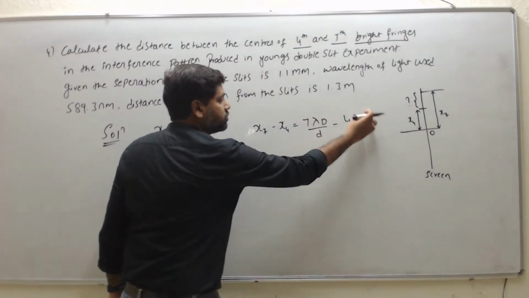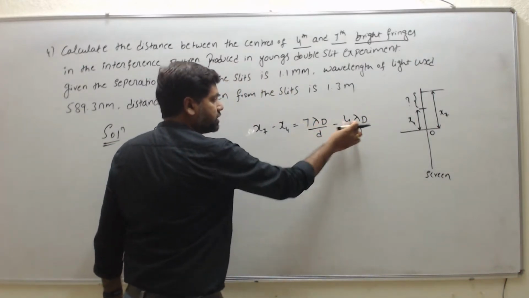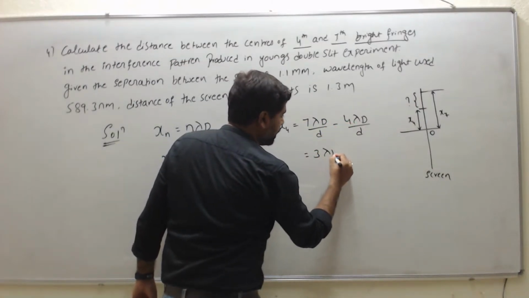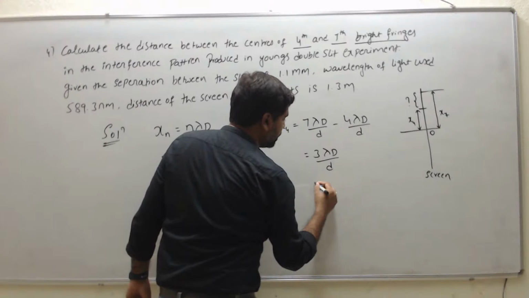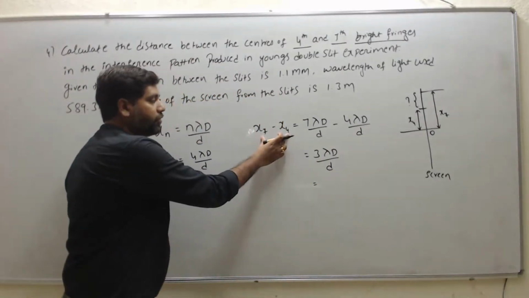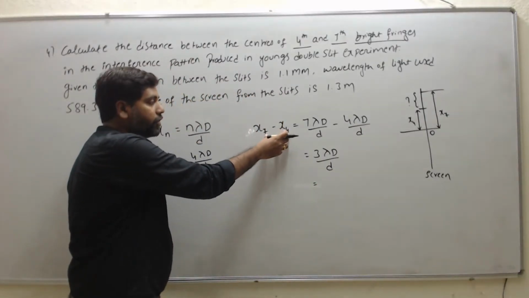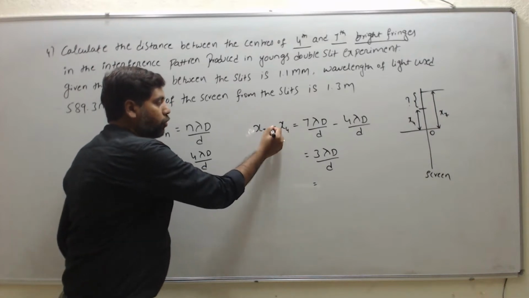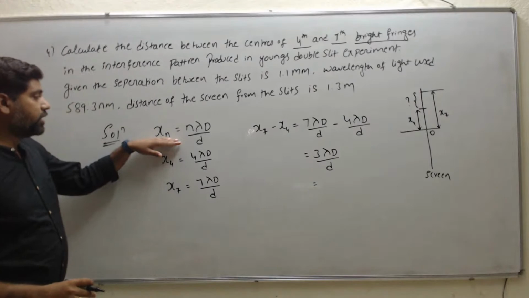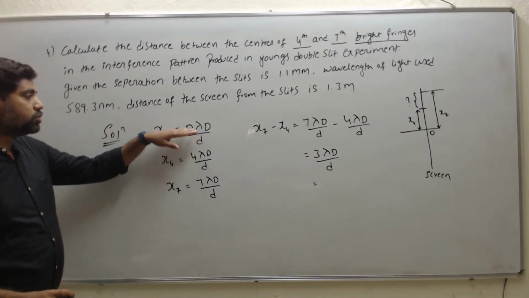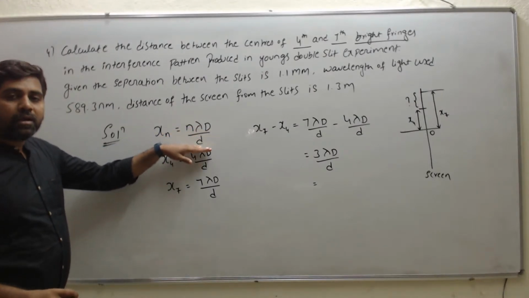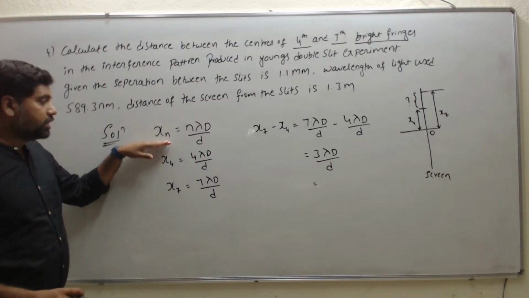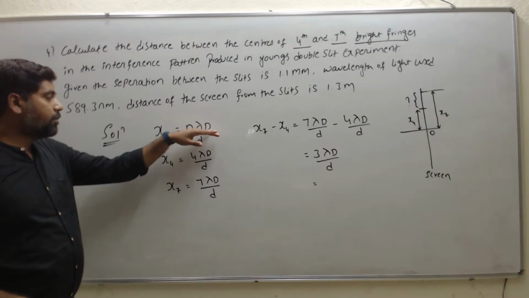All these terms are the same, so we can subtract 7 minus 4, and we get 3 lambda D divided by d. So this is the difference between the two bright fringes, x7 minus x4. For the bright fringe, at any position from the central bright fringe, xn is equal to n lambda D divided by d.